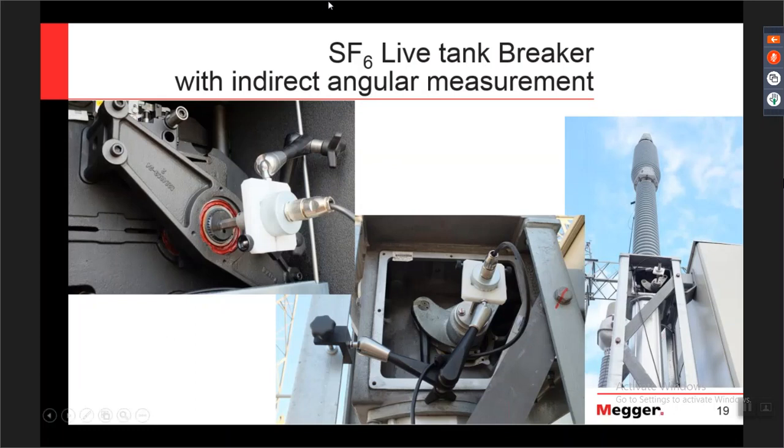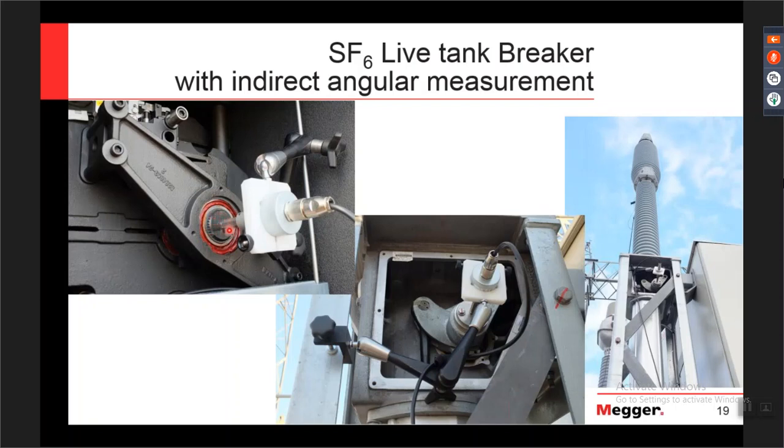This is also an indirect angular measurement, but in this case there are actually two examples. This is the same as the previous one, but this one is the special operating mechanism from ABB called BLG, where you measure the motion of the closing mechanism. That's an important measurement to measure damping of the closing.